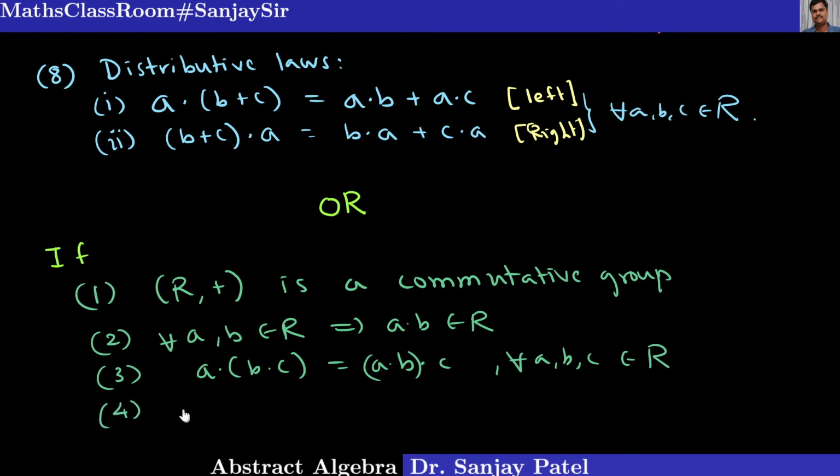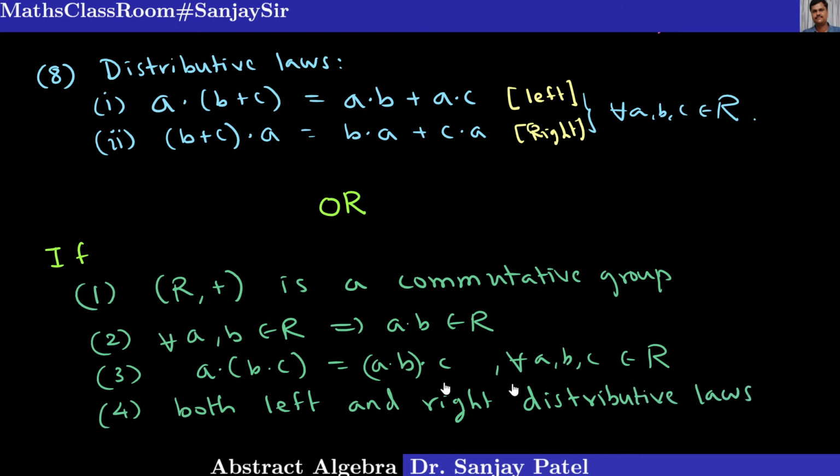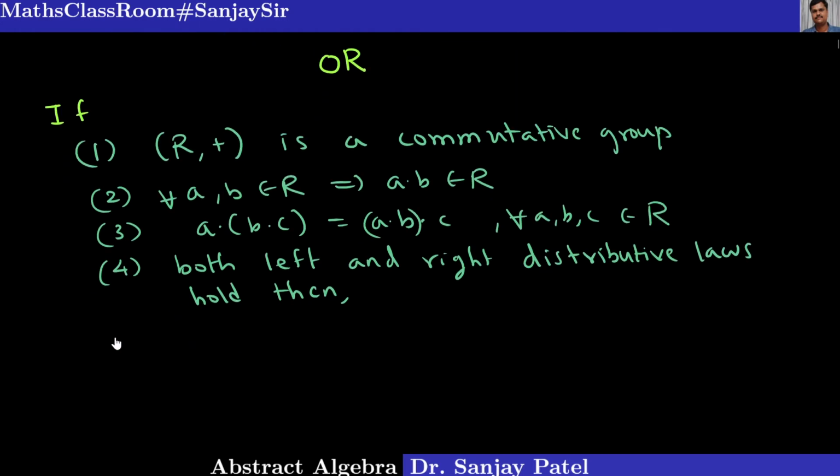And finally, both left and right distributive laws hold. Then R is said to be a ring.